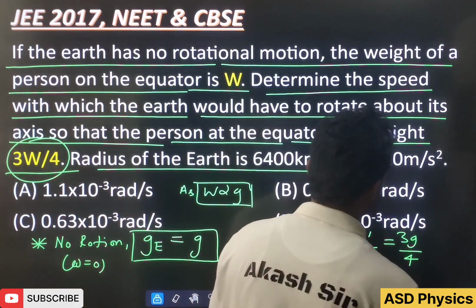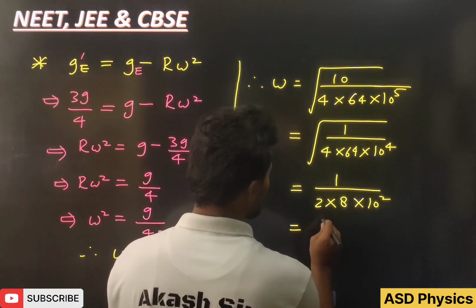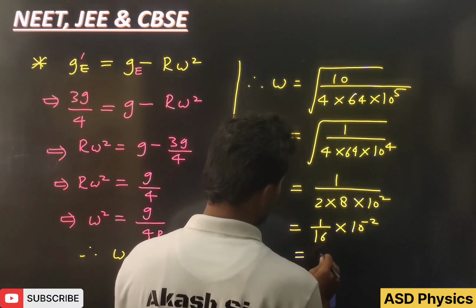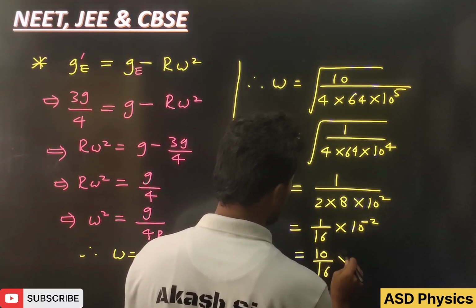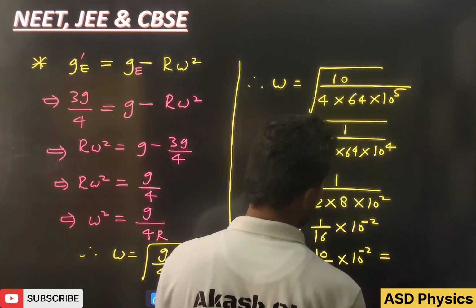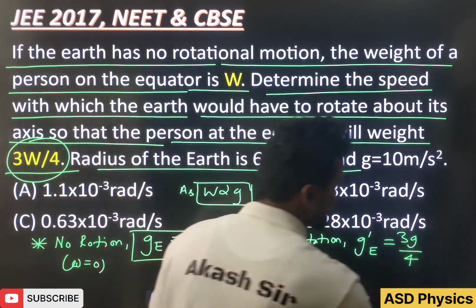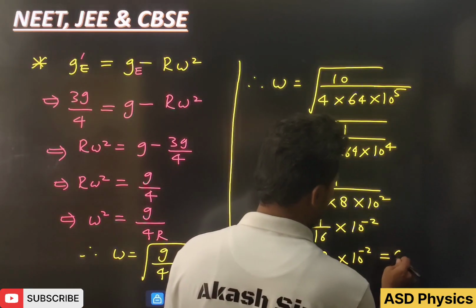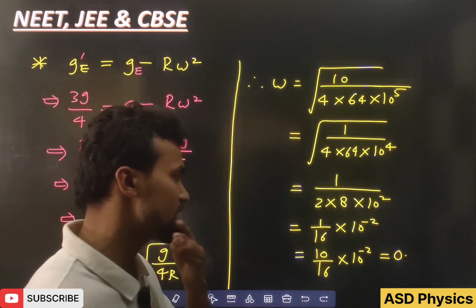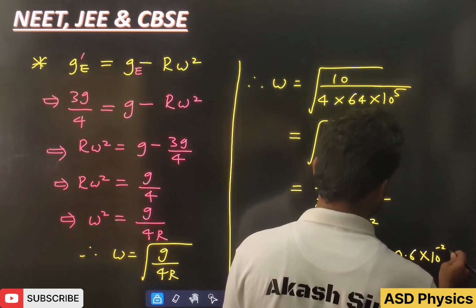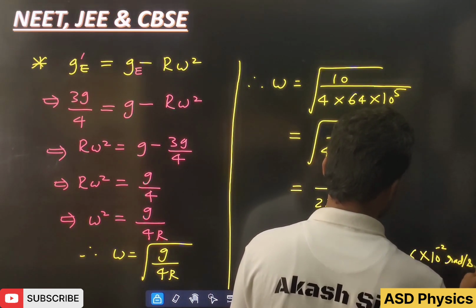So this becomes 1 by 16 into 10 to the power minus 2, or we can write 10 by 16 into 10 to the power minus 2. And 10 by 16, when you simplify this, approximately comes 0.6 something, or we can tell 5 by 8, approximately 0.6 into 10 to the power minus 2.